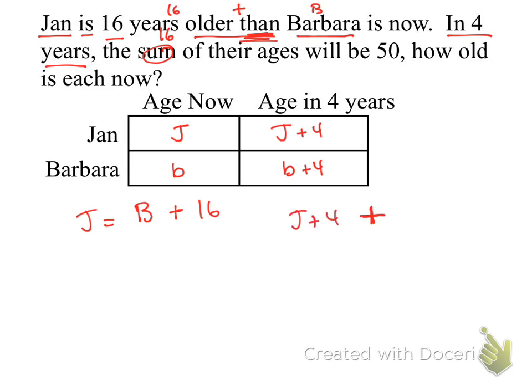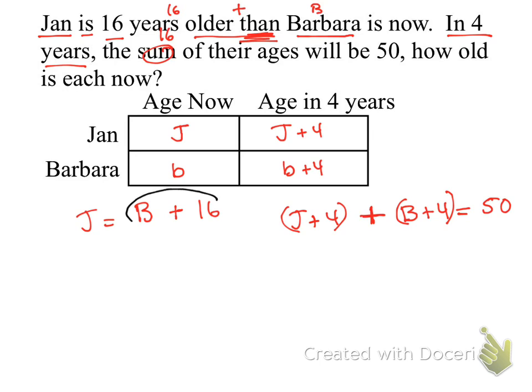In 4 years, what's Barbara's name? B plus 4. Will be equals 50. Now what we have is Jan plus Barbara in 4 years, their ages will be 50.